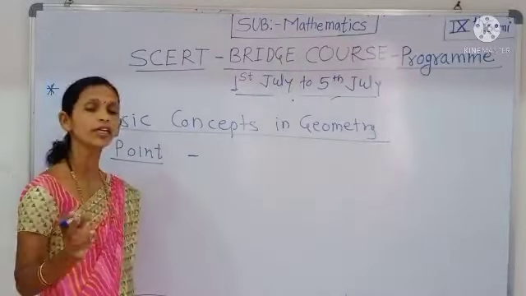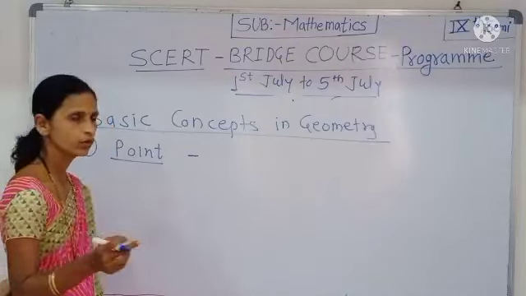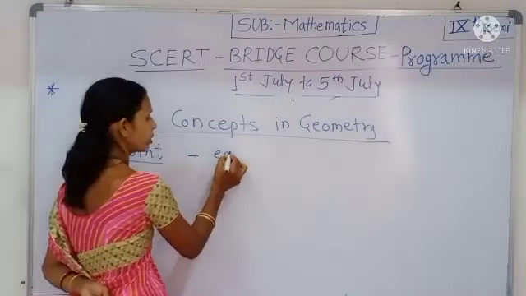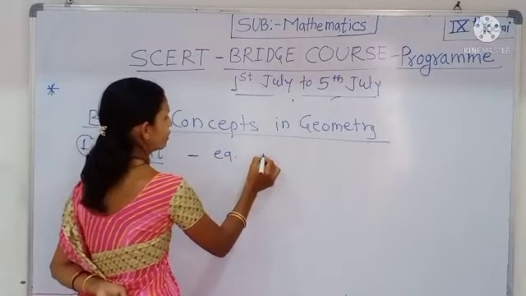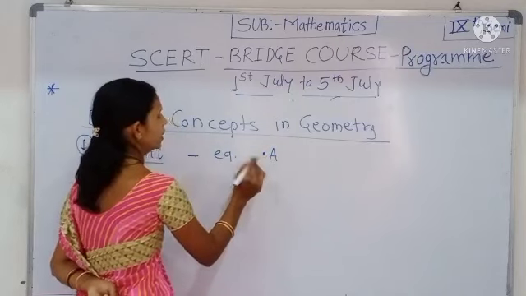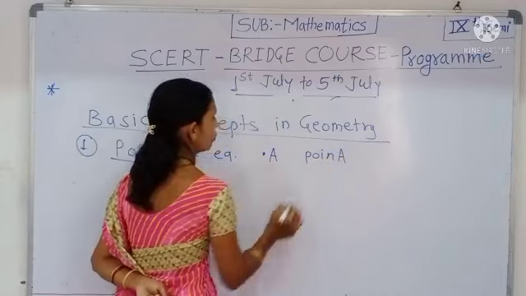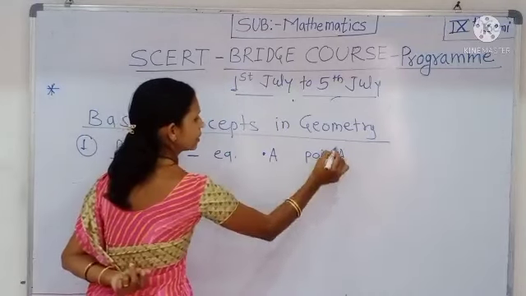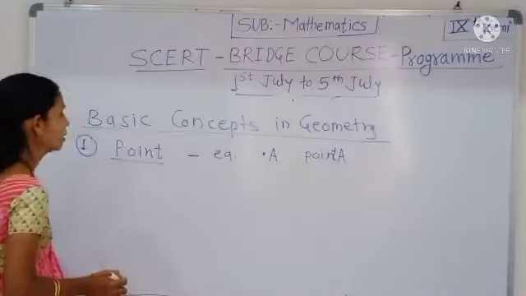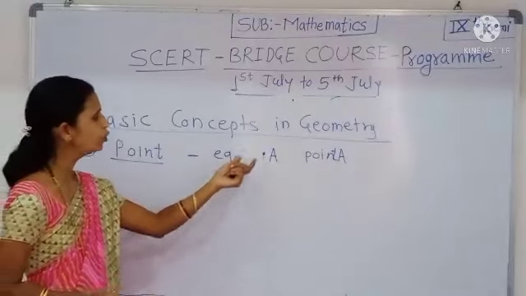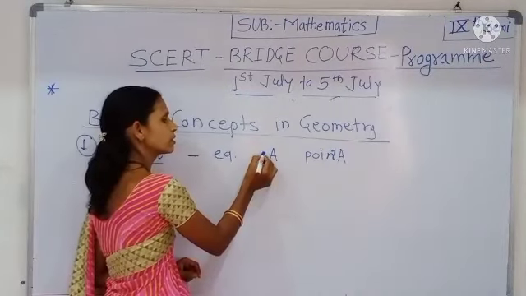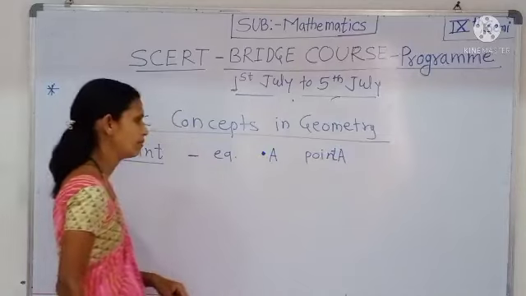That means we can't define the point, but we can observe or understand a point. That is, see here, it is point A, point B. Then that can be understood by looking at this symbol.